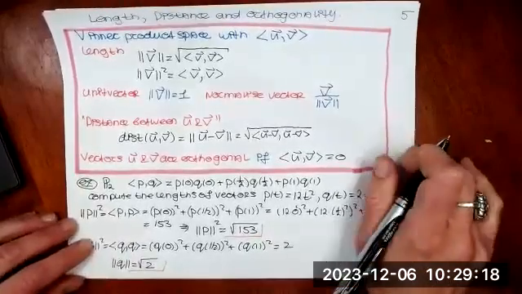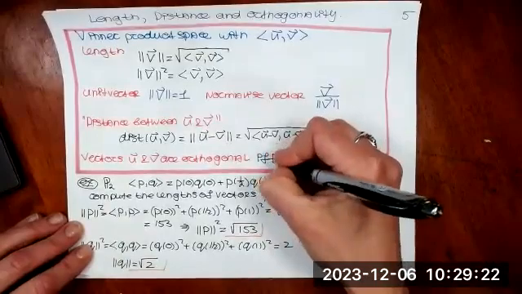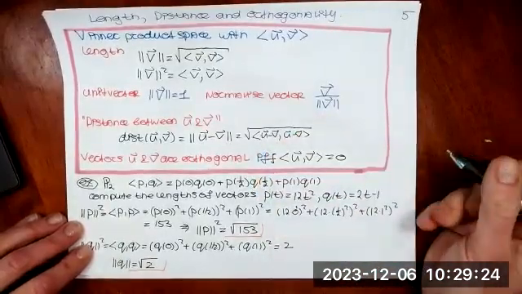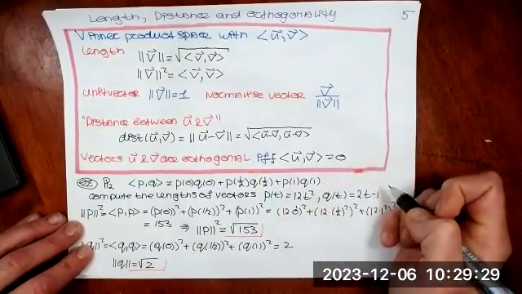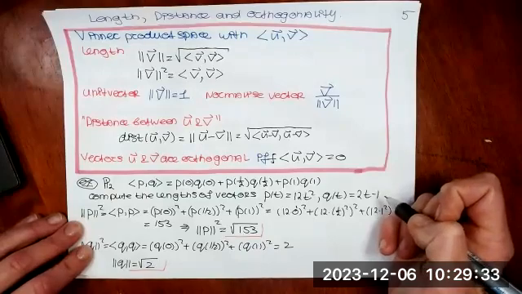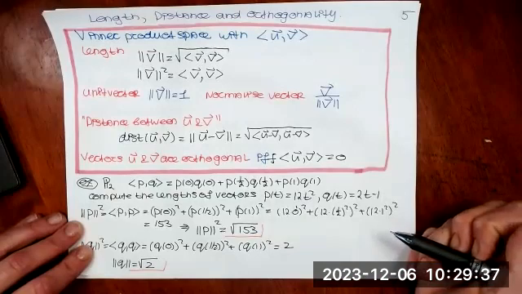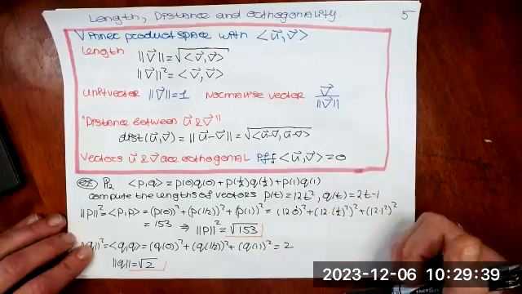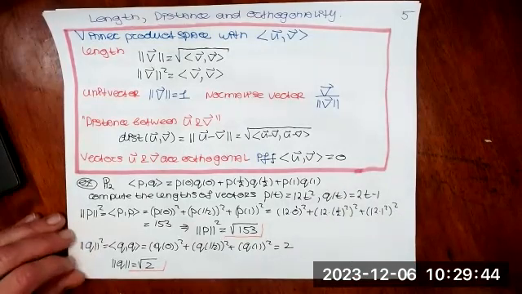And then the concept of orthogonality, you still have that for inner products. Two vectors are orthogonal if and only if their inner product equals 0. So again, the dot product was just a special case of general inner products. All those things that were true for dot products will be true for general inner product spaces.